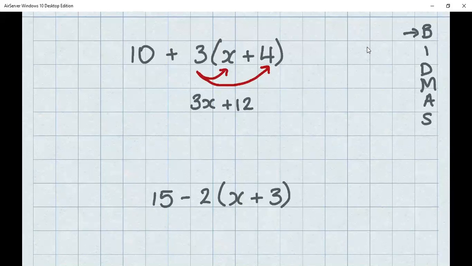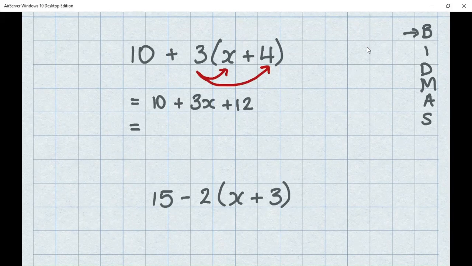So now the only thing that I have left or have missing is this 10 at the beginning. So I'm just going to bring that down because I haven't done anything with that. So I still have 10 plus 3x plus 12. Now on the next line, we just need to simplify. So when we're simplifying, we can only put the same terms together. If I've got 3x with something else with x's, you can put the x's together.